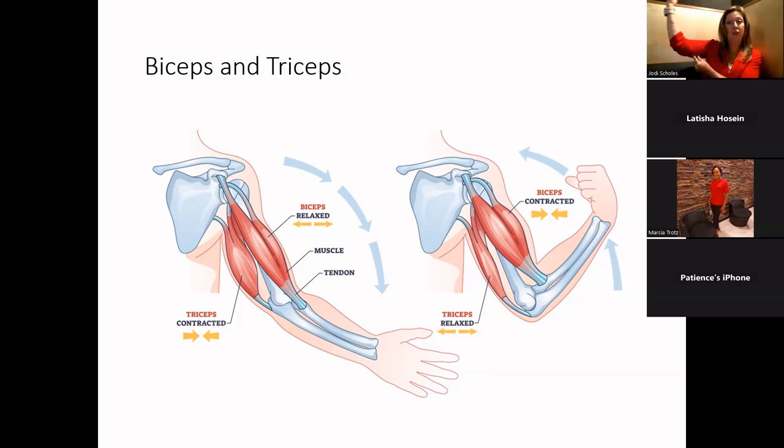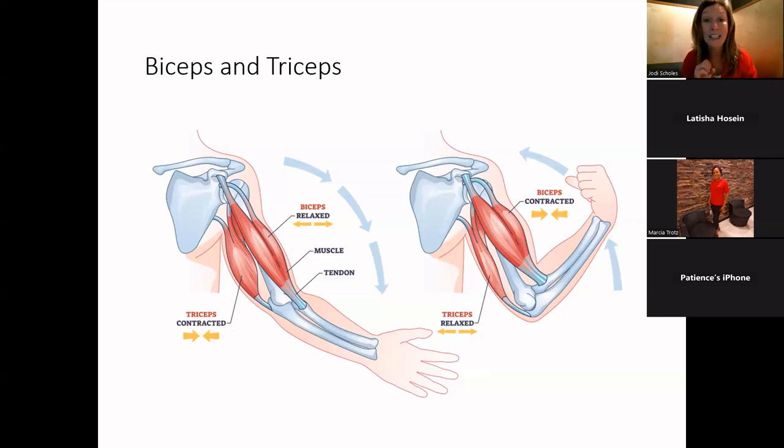When the tricep contracts, it shortens. When the tricep contracts, the bicep relaxes, and the tricep extends the elbow.